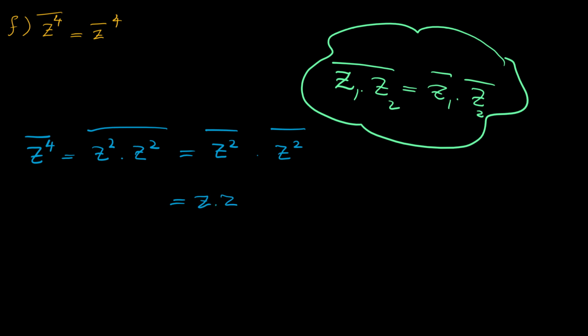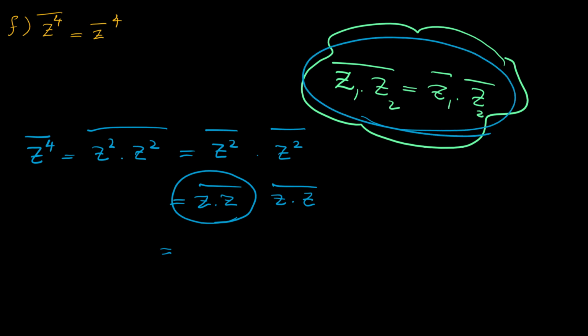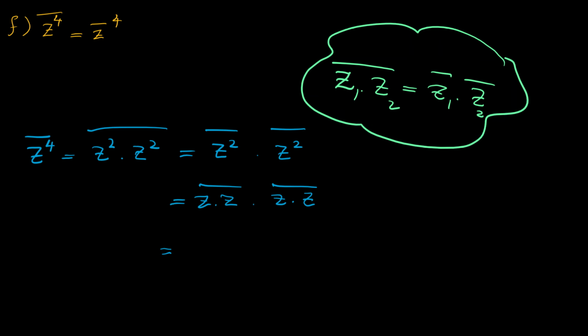Z squared is Z times Z. For this, again we use this relation, and so we can write this in the form of Z conjugate times Z conjugate times, for the other part, Z conjugate times Z conjugate. Now we have Z conjugate times itself 4 times. This equals Z conjugate to the power of 4. And this completes the proof of this part.